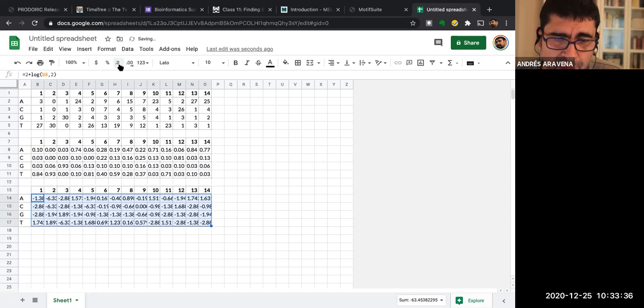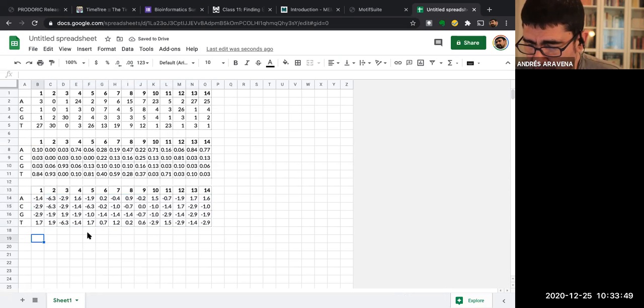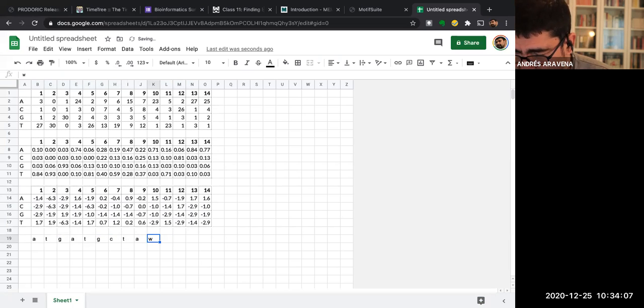And let's reduce the, yeah, so the exercise will be something like this. And finally, you have to calculate the score. You have a sequence: A, T, G, A, T, G, C, T, A. Okay, I should make big letters.